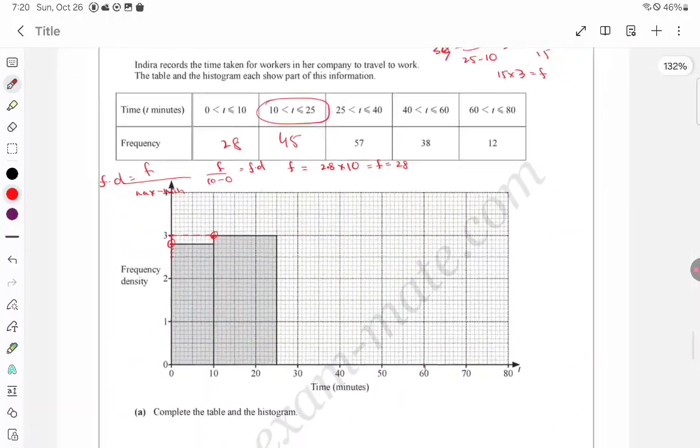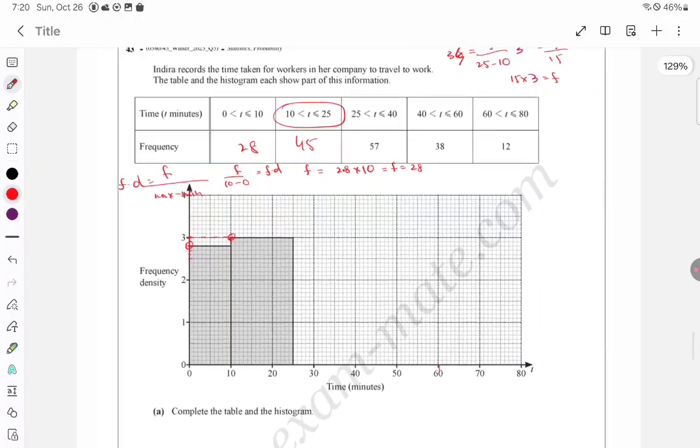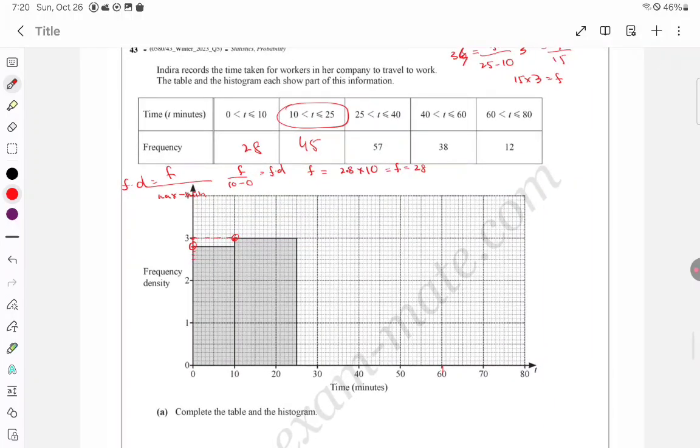In order to calculate the frequency density for the rest: 57 over its range, 40 minus 25, we get 3.8.